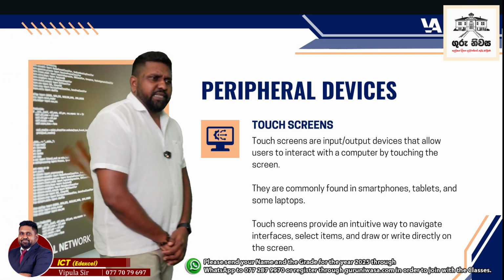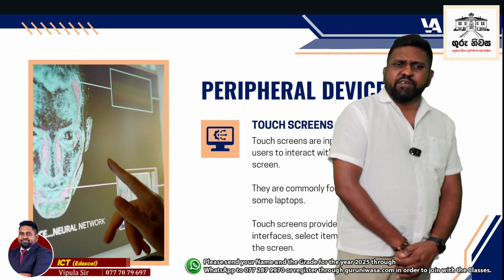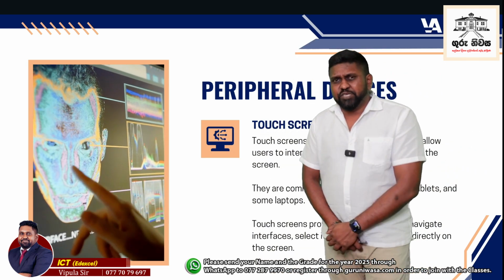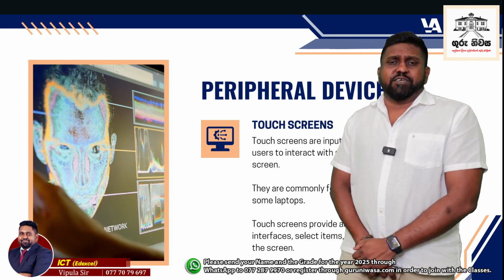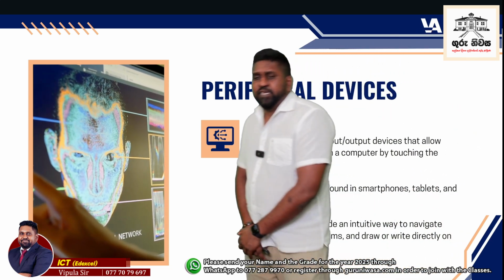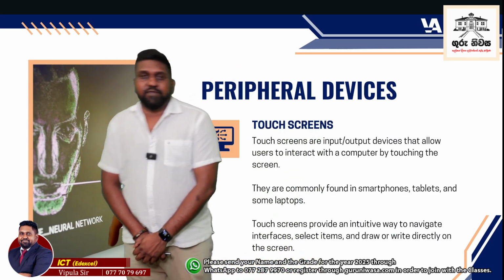Even the ATM machines, the teller machines which you take cash out from, have also implemented touch screens, and you have a lot of different types of touch screens available.